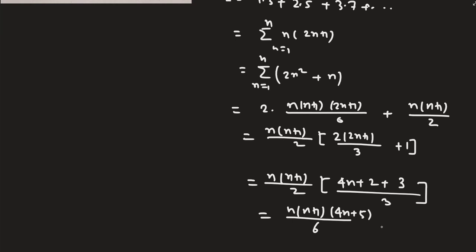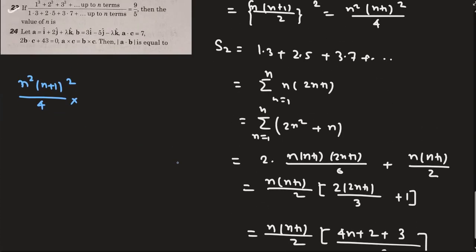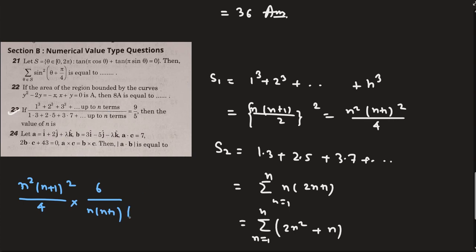So this is S2. Now the S1 to S2 ratio is given. So S1 is n square, n plus 1 whole square by 4, and here S2 is this one. So it will be 6 times n into n plus 1, and then 4n plus 5, and this ratio is given as 9 by 5.